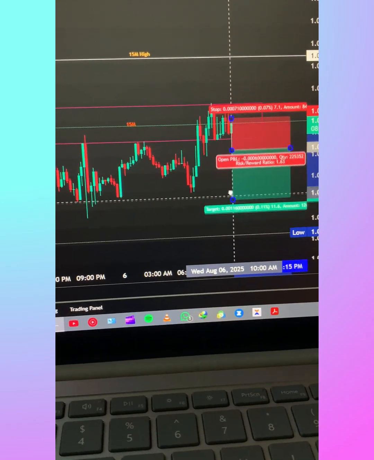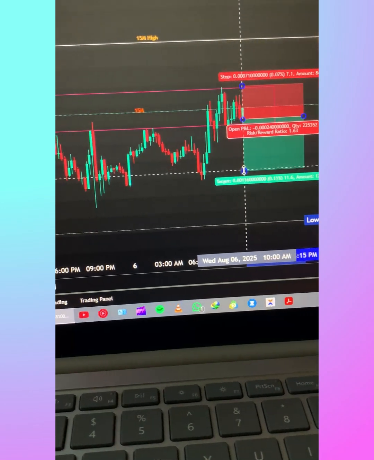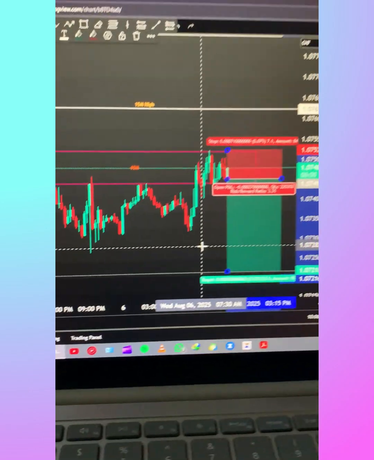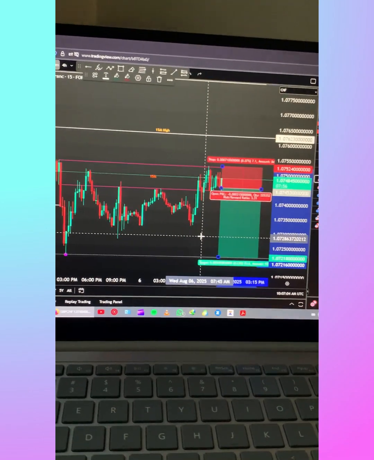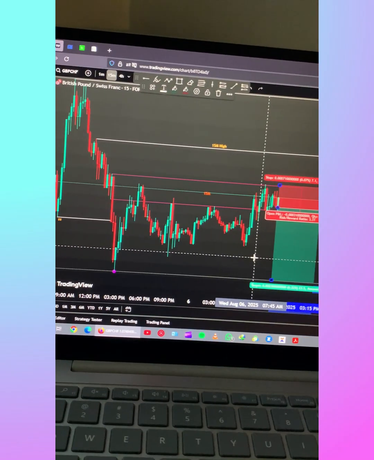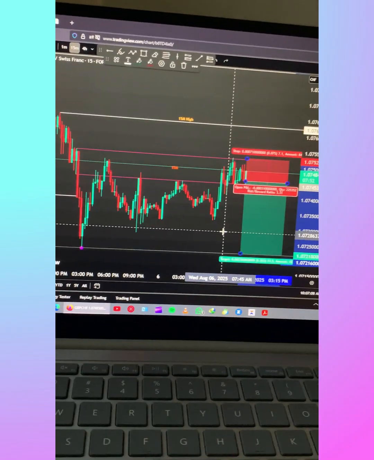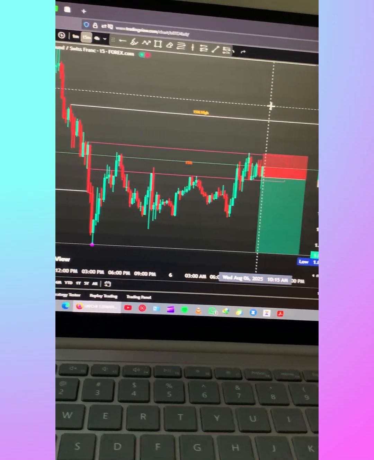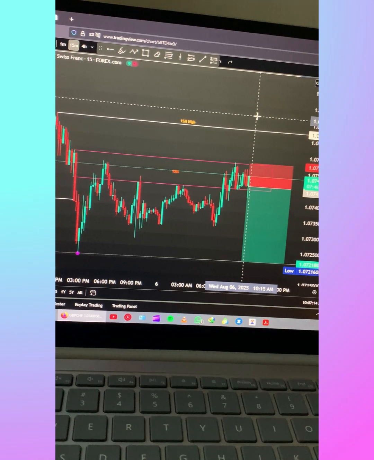TP at this point. Trade is going against me aggressively, but I'm not bothered at all. So this is a trade, this is a setup, and let's see how it plays out. It might even take me out, but I'm still recording.